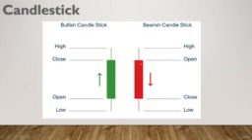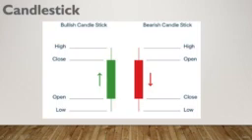So, this is the body of the candle, okay? A bearish candle has an open at the upper end of the body and close at the lower end of the body. The high is the same and low is also the same: the head is the high and the tail is the low.